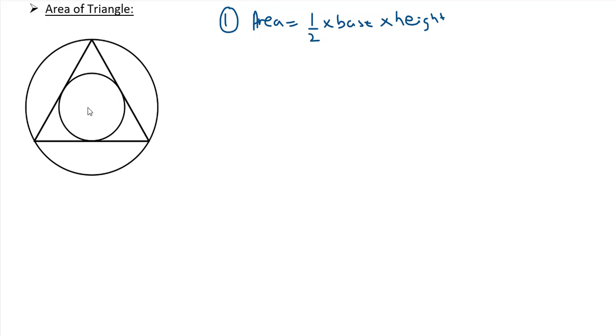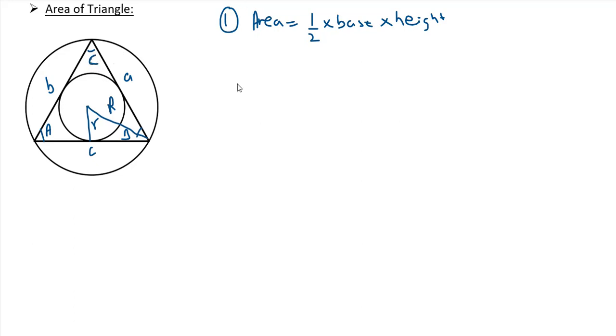Okay, so let this be the inradius and let this be the circumradius. Let us name this figure. Let this angle be A, this angle be B, this angle be C, the side opposite to A be small a, this will be b, and this will be small c.